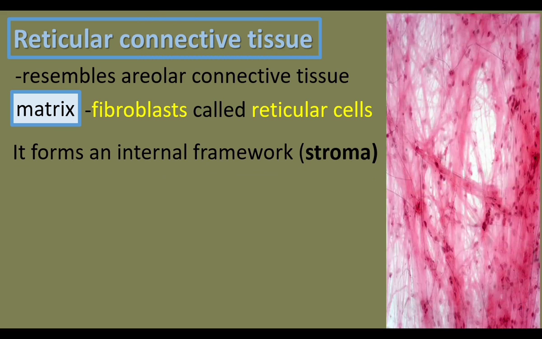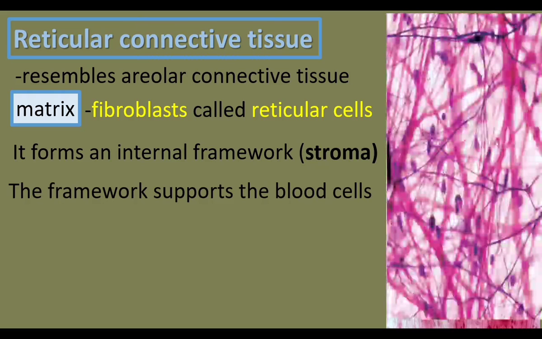In reticular connective tissue, the fibroblasts form an internal framework called a stroma. The stroma has space. The space holds blood cells. The stroma is the space between the internal framework formed by fibroblasts. The stroma supports blood cells.